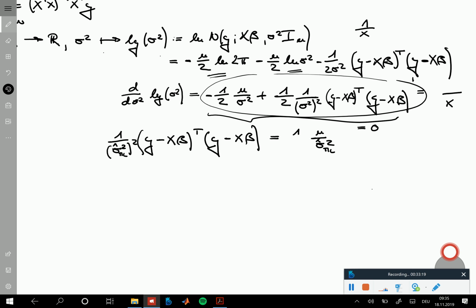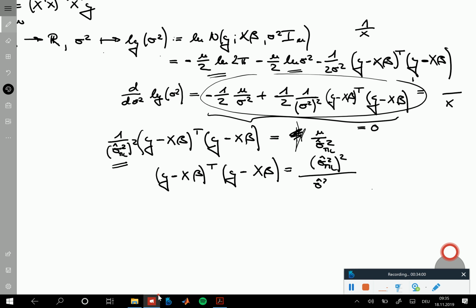And then we can multiply the whole thing by sigma square ML, so we get y minus x beta transposed, y minus x beta being the same as sigma square ML times n.